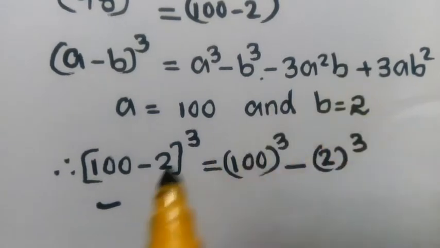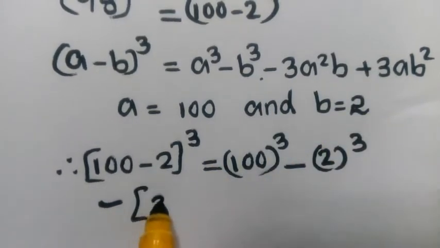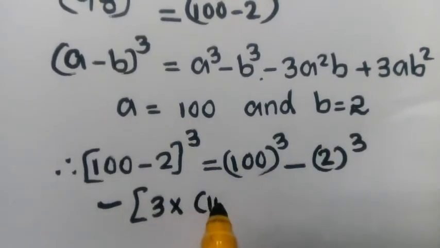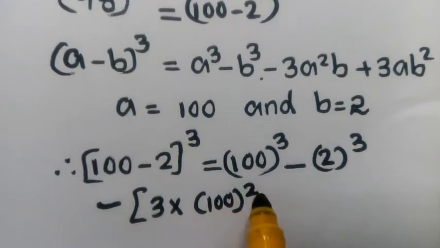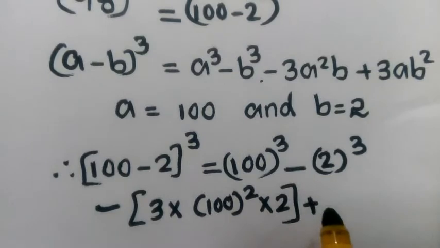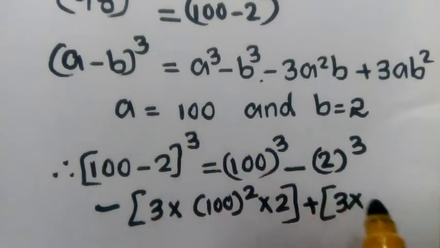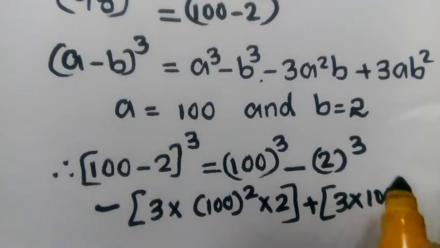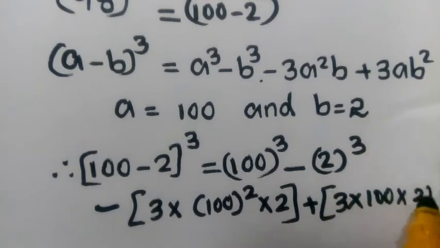3A square B. So, 3 into A is 100. So, A square means 100 square into B. B is 2. Plus 3AB square. So, 3 into A is 100, into B is 2. So, B square is 2 square.